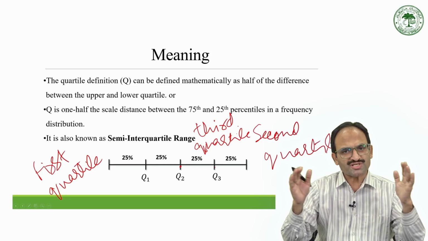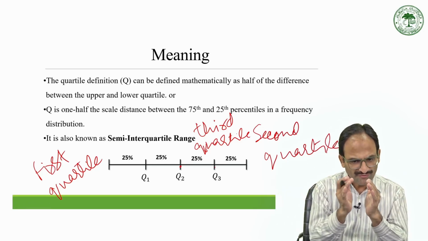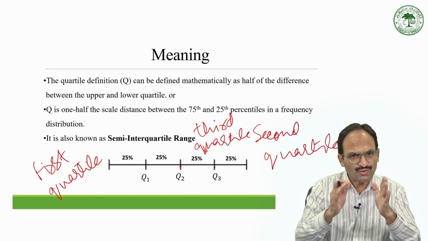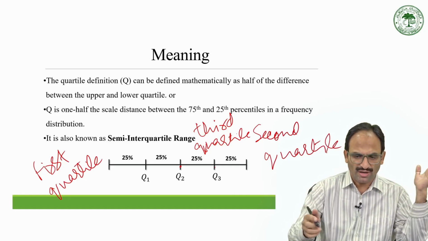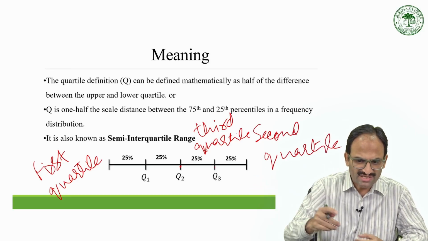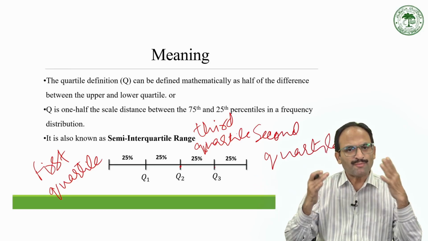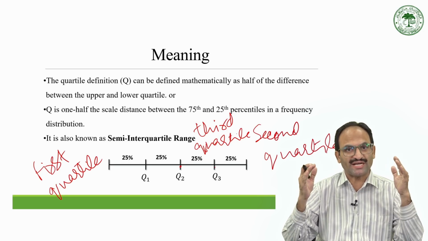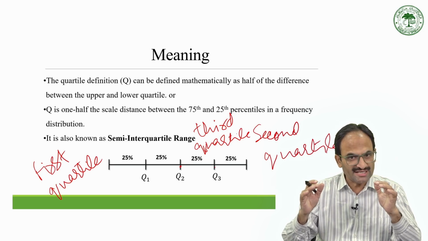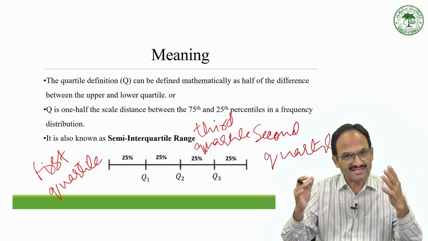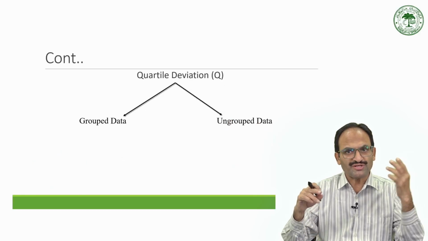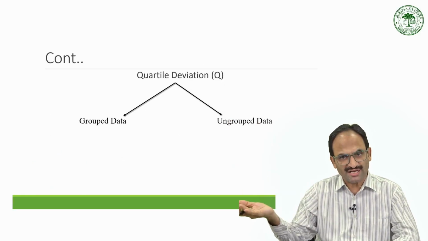So Q2 is the midpoint, and if you go to the lower part, Q1 is just 25% of the scores, and similarly Q3 is the upper group where you will get 75% of the scores. The moment you calculate Q, that is quartile deviation, it is also known as semi-interquartile range. So you will calculate Q as Q is equal to Q3 minus Q1 upon 2, which is further elaborated in the next slide.